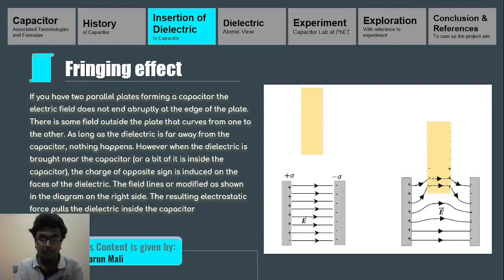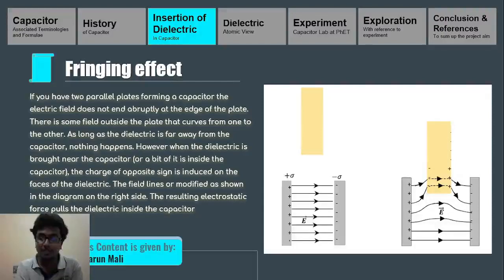If you have two parallel plates forming the capacitor, the electric field does not abruptly end at the plate. Okay, we can see in the first image, the electric field abruptly ends at the end of the plate. As long as a dielectric is far from the capacitor, nothing happens. So this is the dielectric part. In actuality, there is some field outside the plate that curves from one to the other.